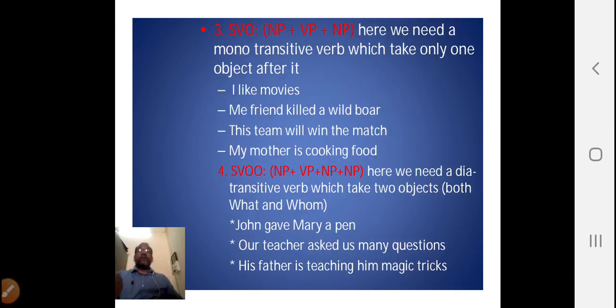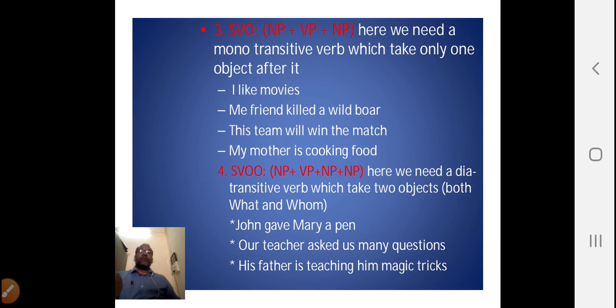The third structure is SVO, which is a combination of NP plus VP plus another NP. Now here we need a monotransitive verb which will take only one object after it, and that object is generally a direct object. For example, I like movies.